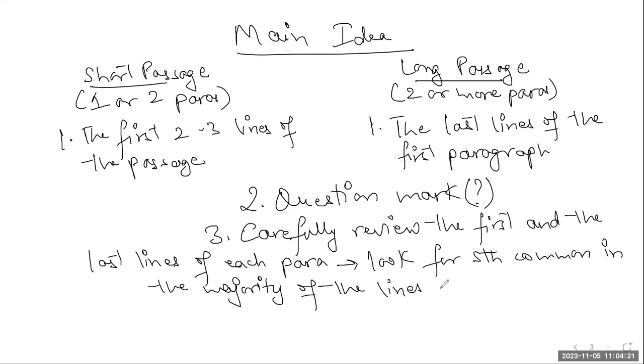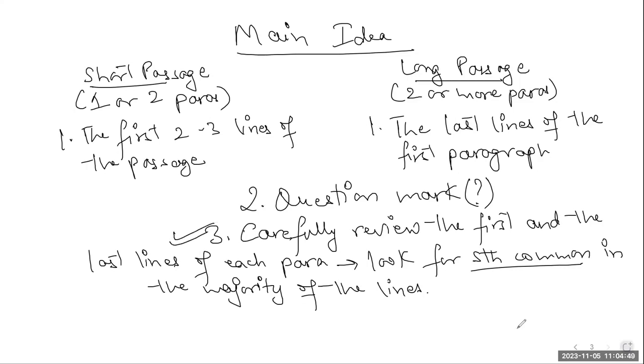So you will see that there will be something which is common in the majority of the lines, if not all of them. Then in majority of them, you will see that there is some common thread, something that is very common in these lines. And that thing which is common is actually the main idea. This works a lot.